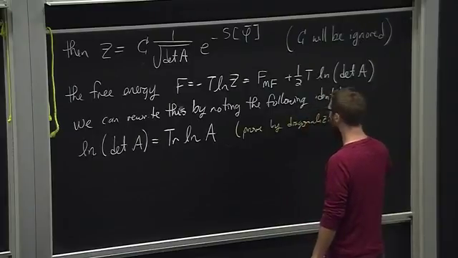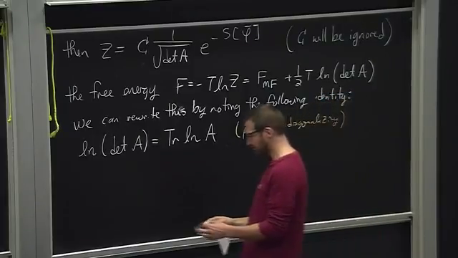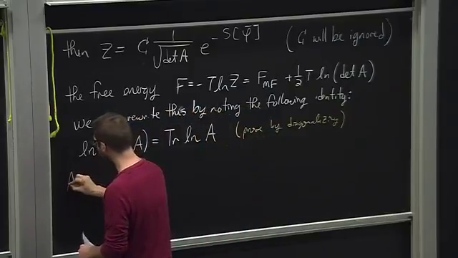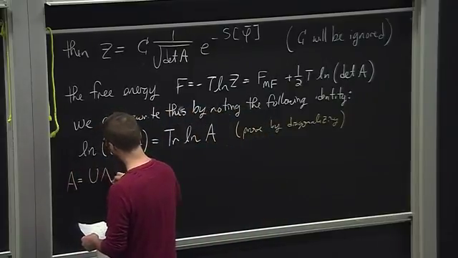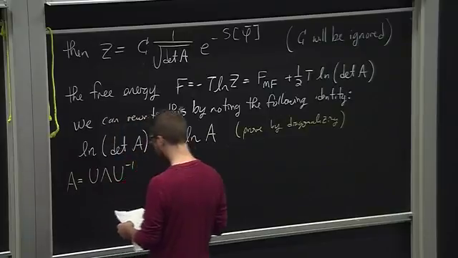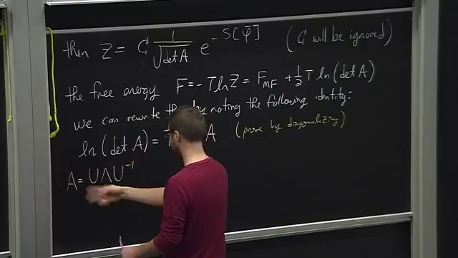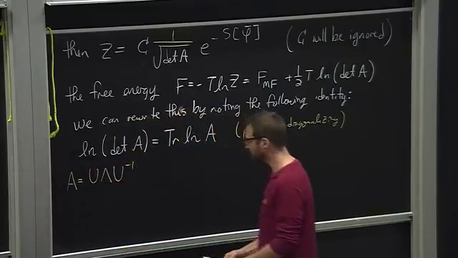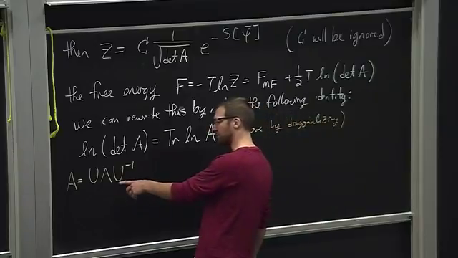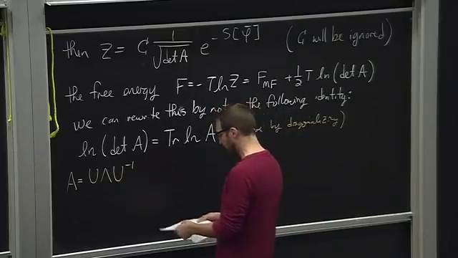You can do it in the continuum, or you can just do it with a matrix. So if you write a matrix, I did it backwards, but that's orthogonal in our case, an orthogonal matrix.